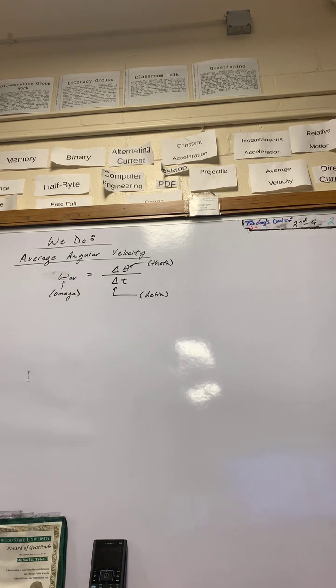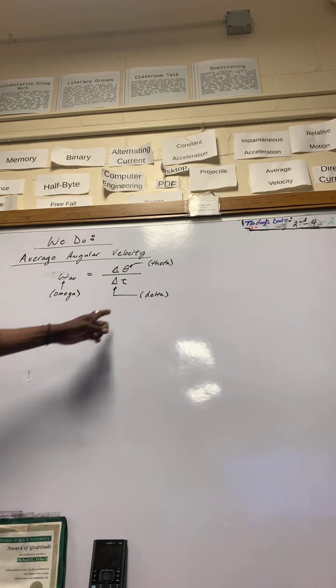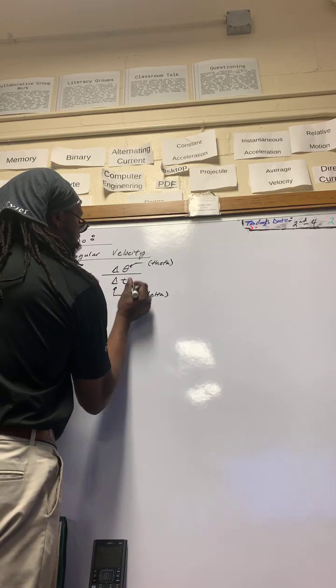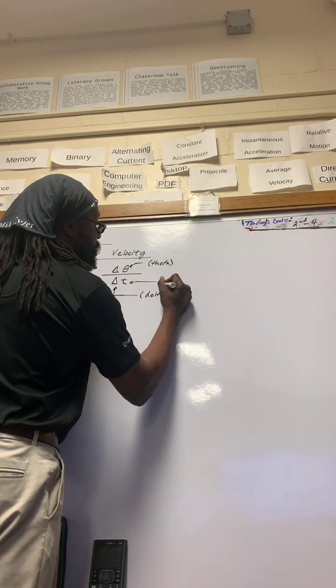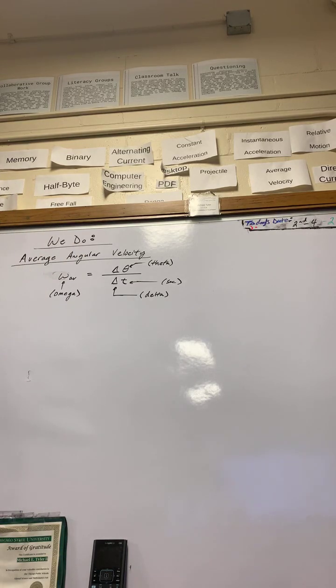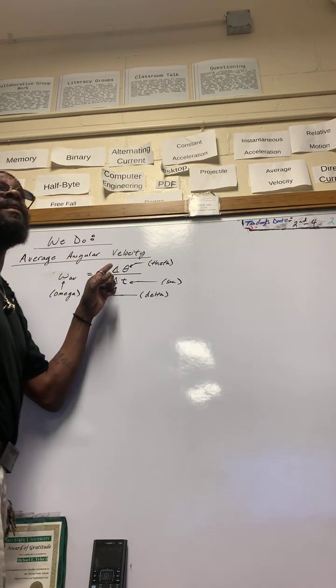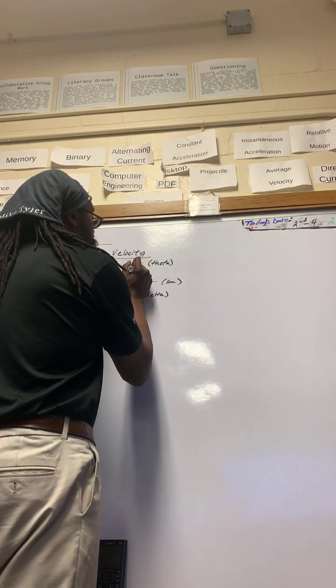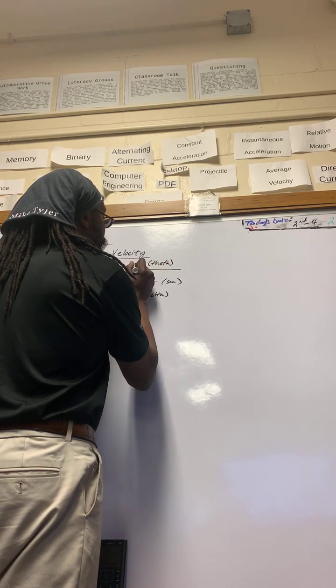Okay? Now, what are they measured in? Well, if we talk about time, it's always measured in seconds, or depending upon what measurement they give you in the problem. We're talking about theta, that's the angle. It can be measured in two flavors.